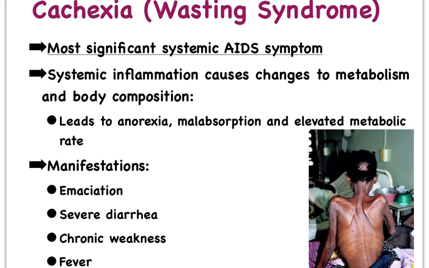And it's all due to systemic inflammation that changes metabolic activities in the body, which then has the consequence of not being able to maintain weight. So there's anorexia, there's poor absorption of the nutrients, there's an elevated metabolic rate. So all of these things are making it really difficult for tissues to maintain themselves, especially muscle tissues.